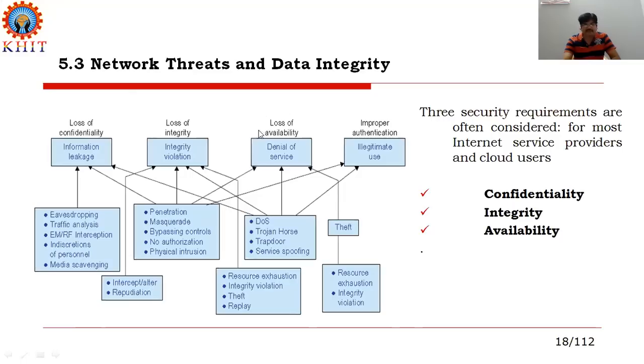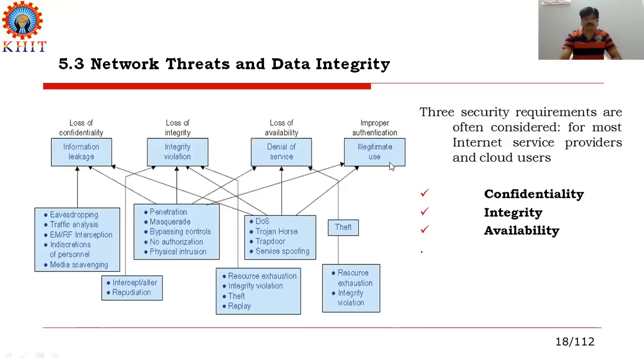Loss of availability means denial of services. There should be no interruption of the services. Whenever you want to post data or retrieve data, both the post and the access should be performed. Otherwise, if there is no security, you may face difficulty posting or may lose the data. Improper authentication means the data should be used only by an authorized person.